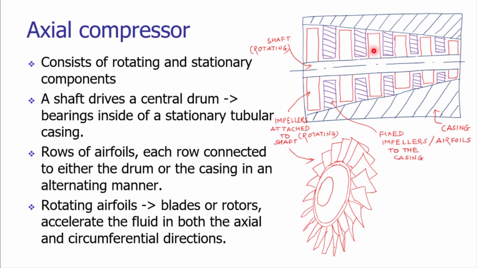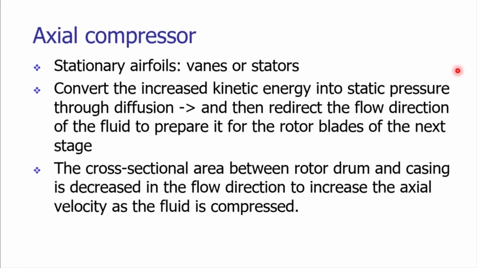The air will try to move along the axial direction, but the space is the restriction. Still the air is compelled to move along the axial direction, and due to that space restriction there is an increase in the pressure. In this way we are getting compressed air at the outlet of this axial compressor.